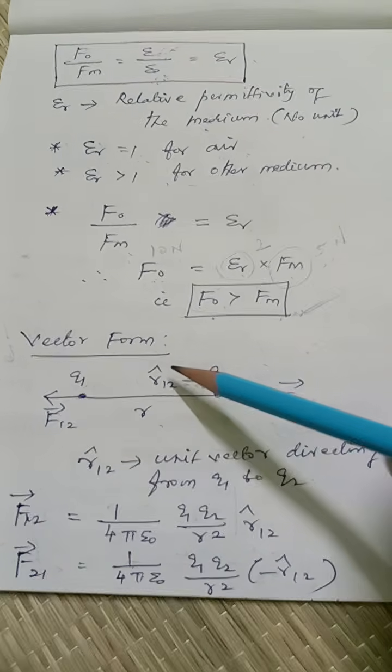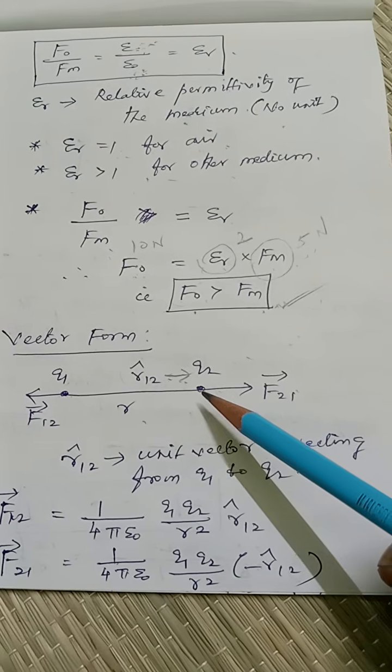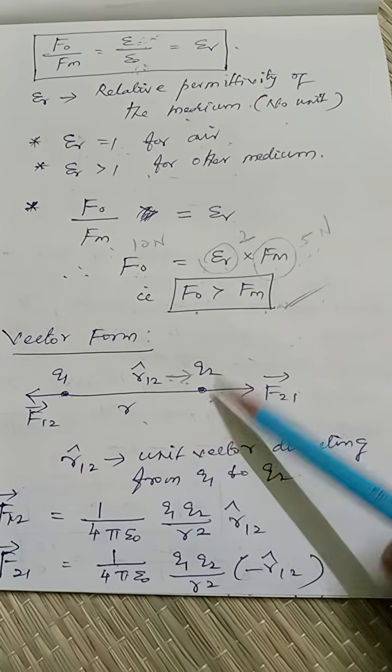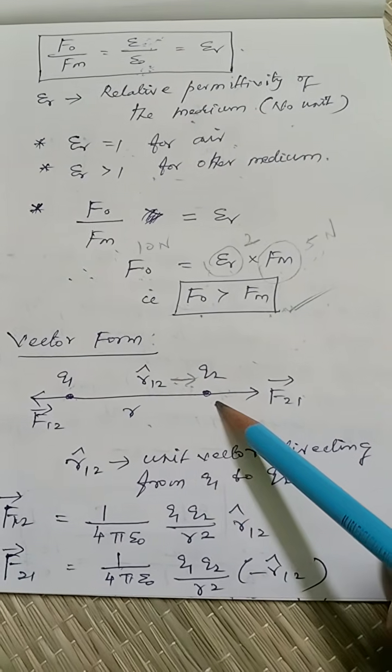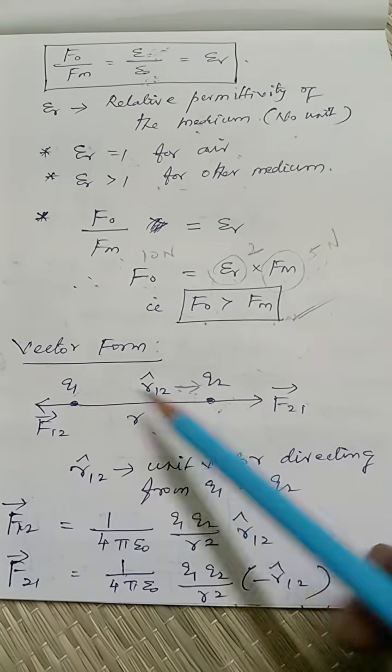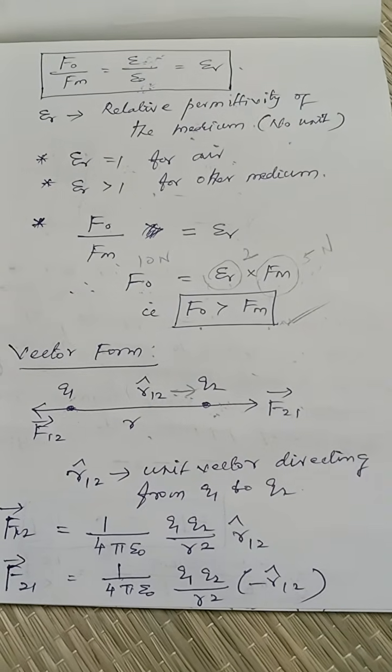See the force experienced by Q2 due to Q1. Both are like charges, positive charges, so we know that like charges repel each other. So Q1 will push Q2 in this direction.